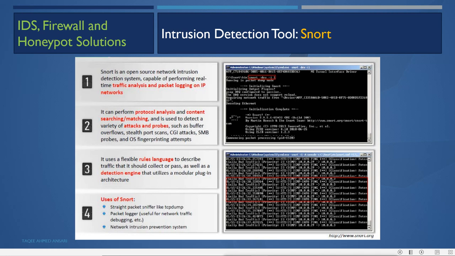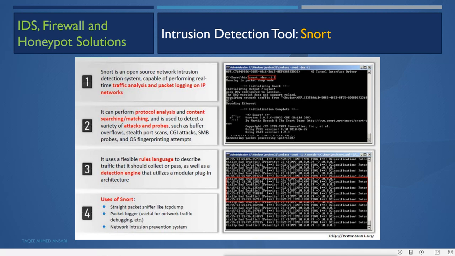It uses a flexible rules language to describe traffic that it should collect or pass, as well as a detection engine that utilizes a modular plugin architecture. So it has simple rules where you can configure the rule to detect different types of attacks, and it also has plugin modules for detection engines.